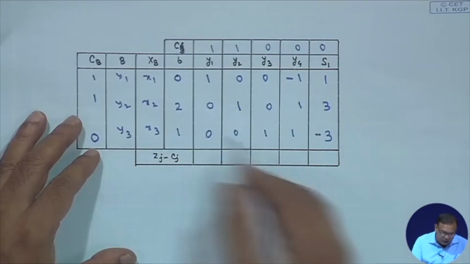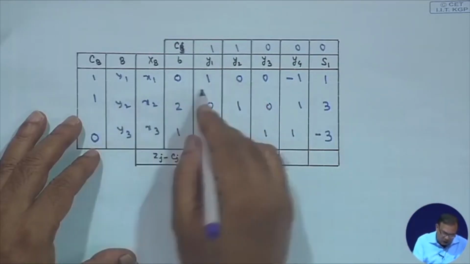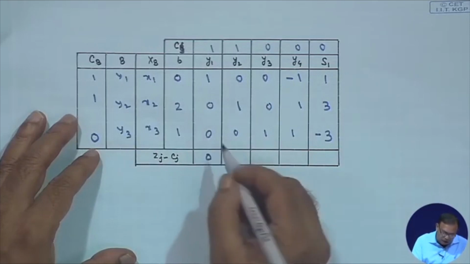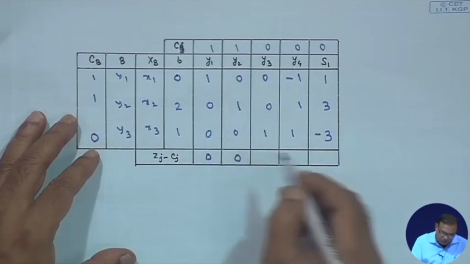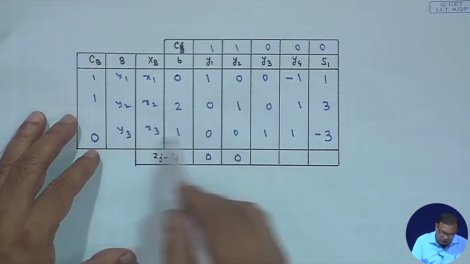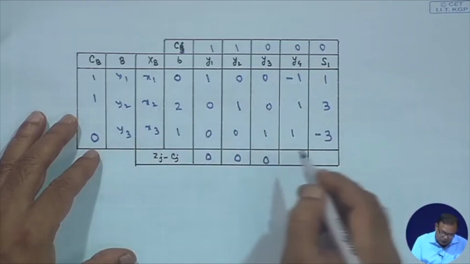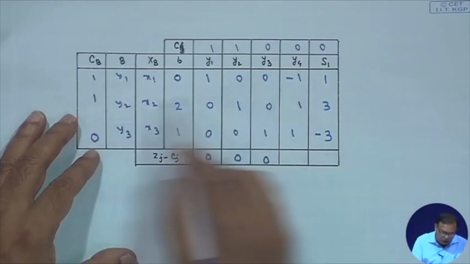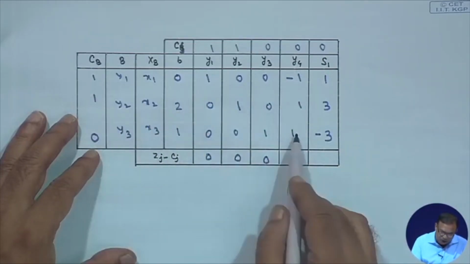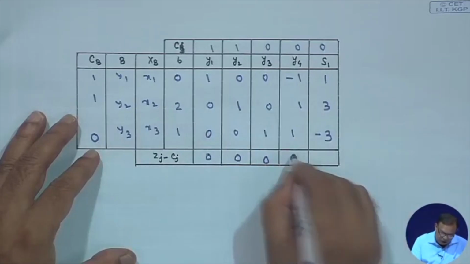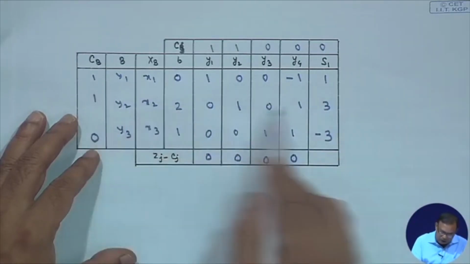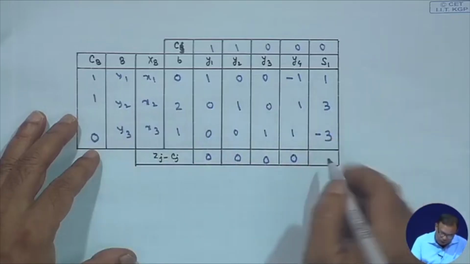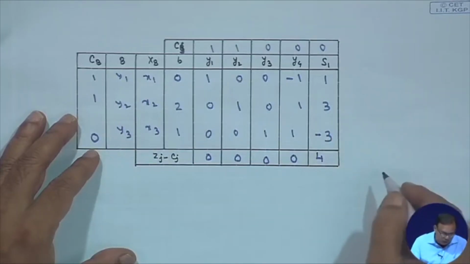Your Zj minus Cj values will be 1 minus 1 0, then for the second one 1 minus 1 0, for the third one 0 0 0, for the fourth case minus 1 plus 1, so 0 plus 0 minus 0 it is 0. For this case it is 1 plus 3, 4, minus 0, this is 4.